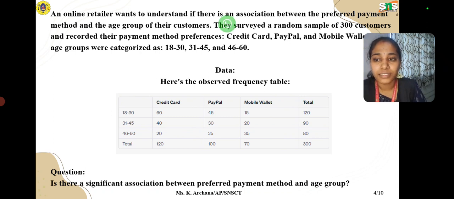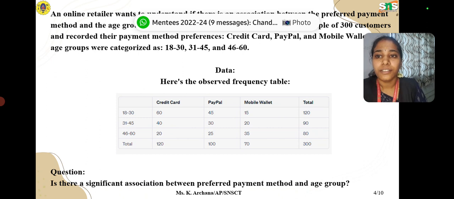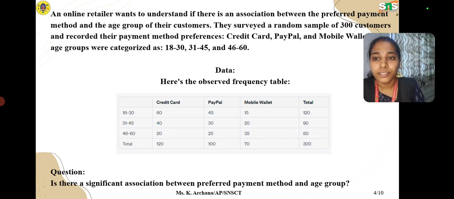Here is the data on which we are going to see whether there is an association.